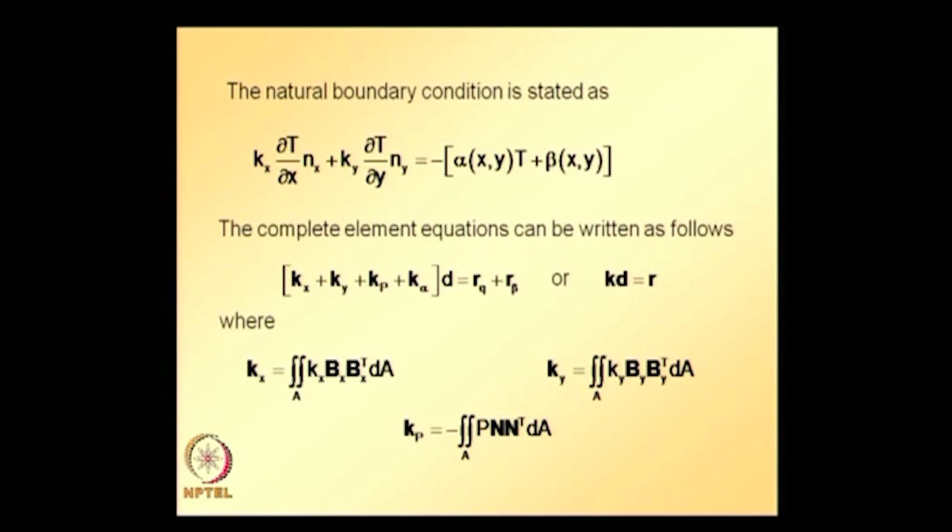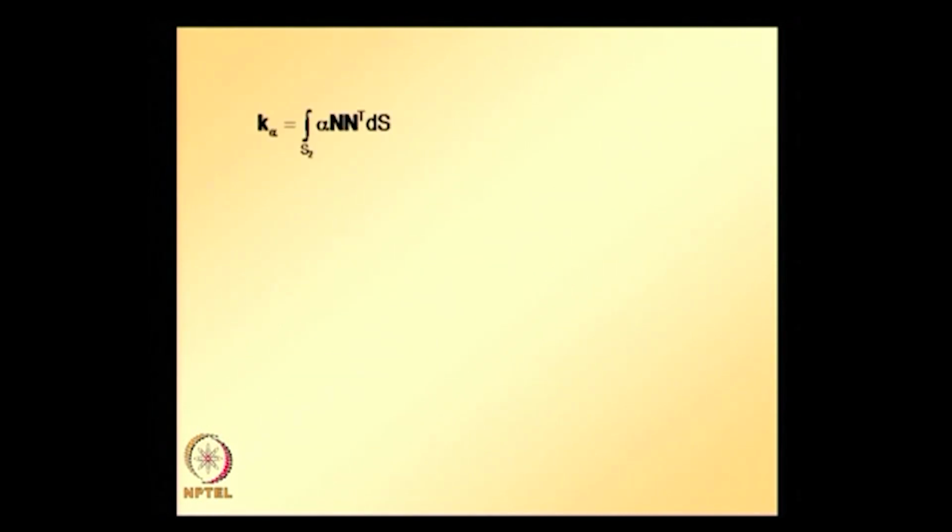So, this is how k_x, k_y, k_p are defined, and k_alpha and r_beta correspond to the natural boundary conditions. k_alpha is defined like this, r_beta and r_Q are defined like this.